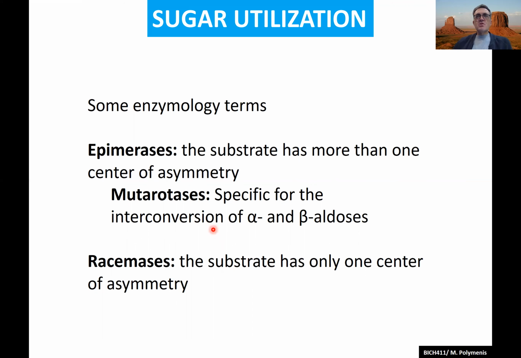So all these enzymes change the R or S configuration of one carbon. That's their common thing, but then we fit them into different categories depending on other specifics. For example, mutarotase, which is what we're dealing with, is an extra categorization of epimerases and specific for alpha and beta aldoses, which is what galactose is.